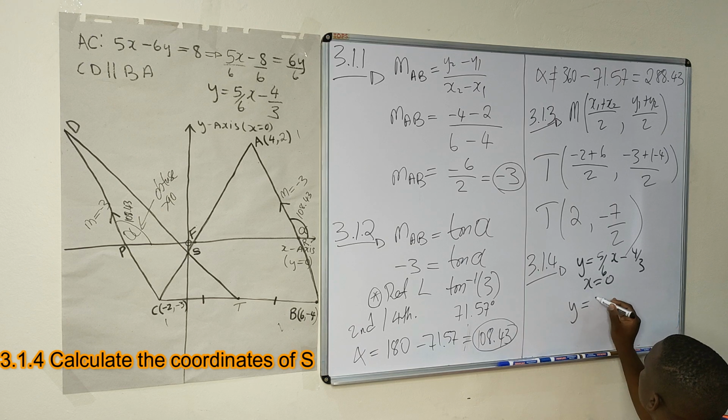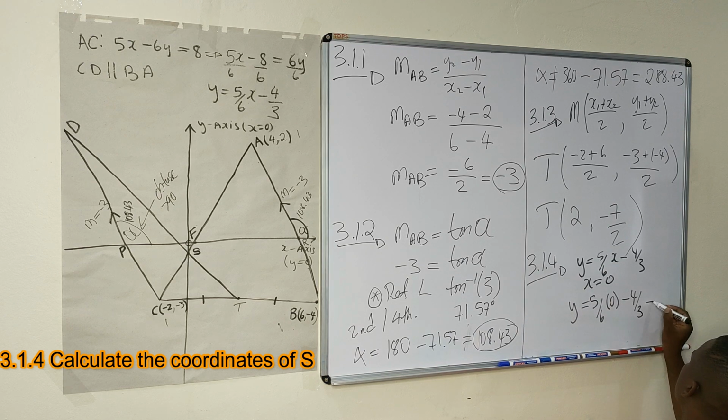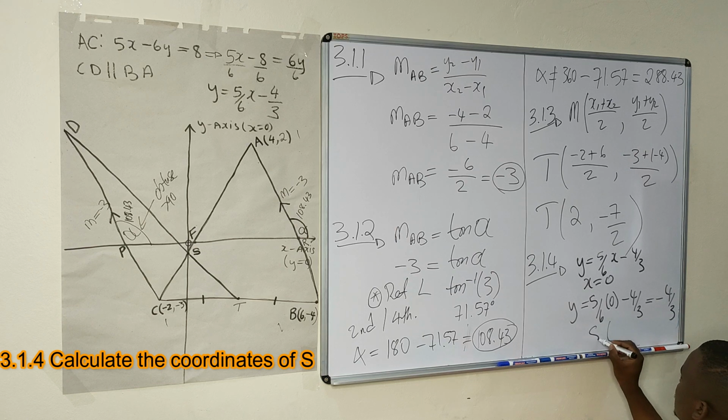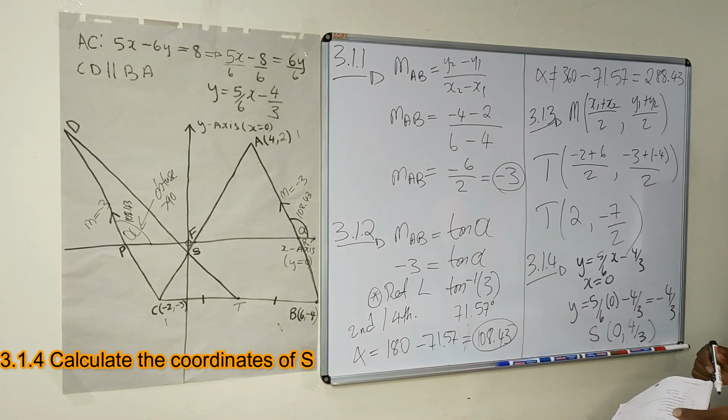So y is equal to 5 over 6 and 0 minus 4 over 3, which is minus 4 over 3. So the coordinates of S: the x coordinate is 0 and the y coordinate is minus 4 over 3. These are the coordinates of S.